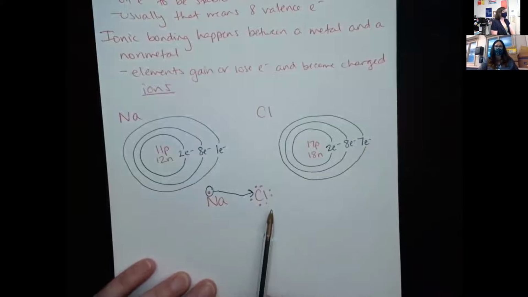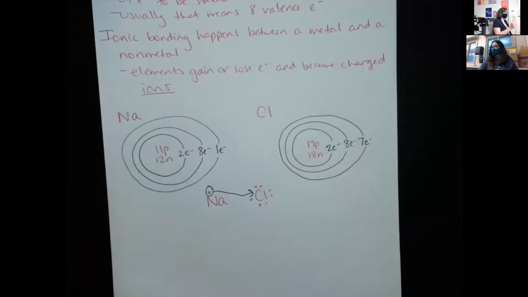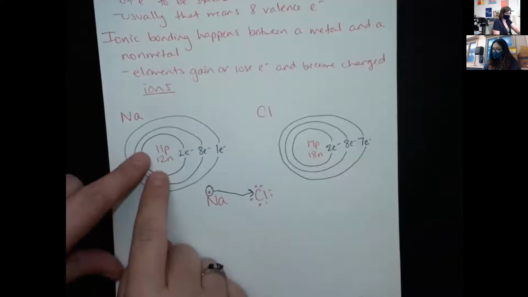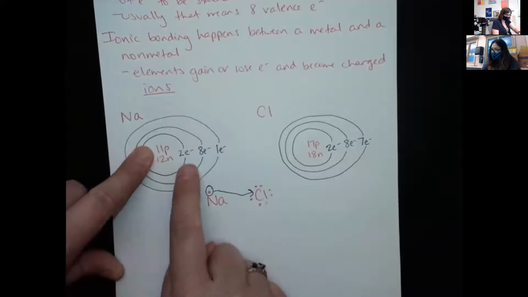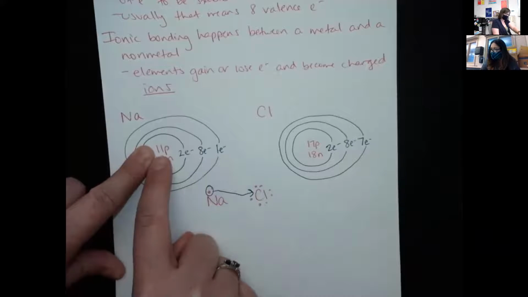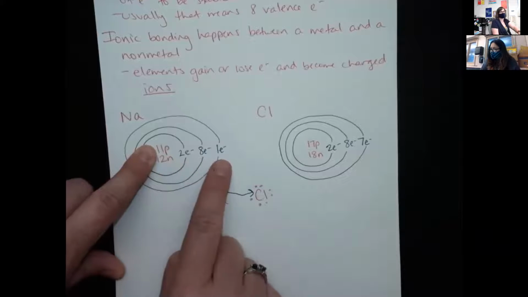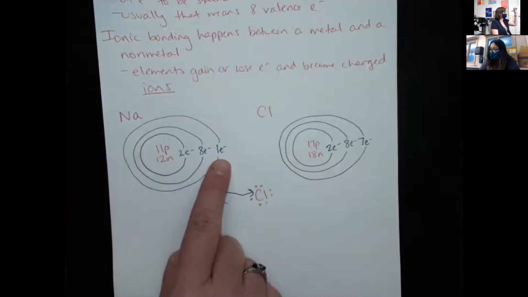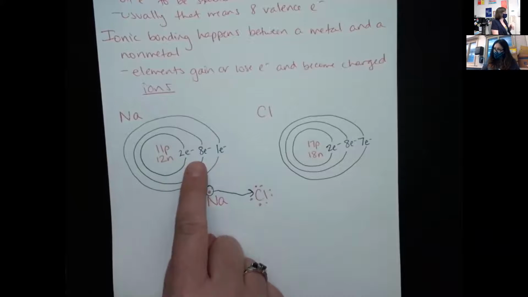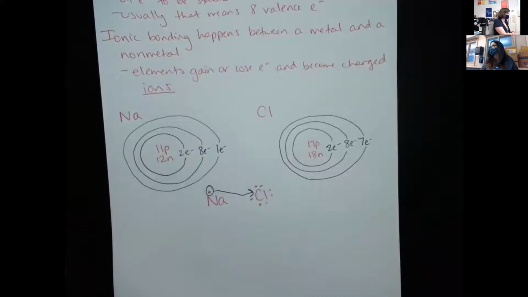And when it gives it away, it becomes something called an ion. An ion is an element that is positive or negative because it lost or gained electrons. Because if we look here, sodium had 11 protons and 11 electrons. 11 positives plus 11 negatives equals 0. But now we're giving away an electron. So what is sodium's charge now? It still has 11 protons, but now it only has 10 electrons. So what is its charge going to be?